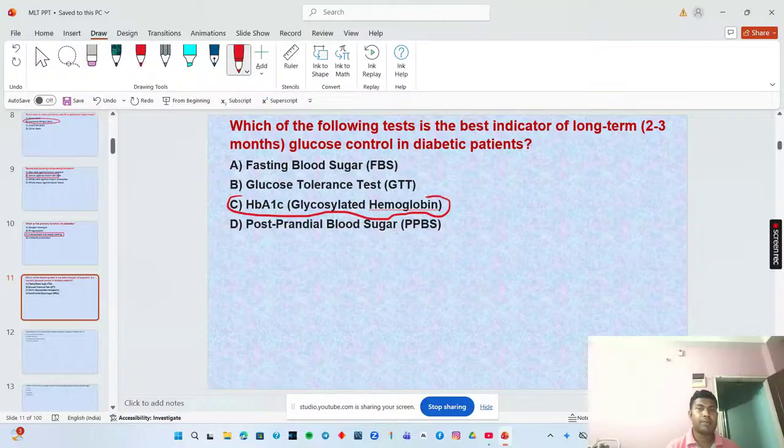It measures the average of 120 days hemoglobin. This test helps to measure the average of 120 days glucose present in a patient's body.